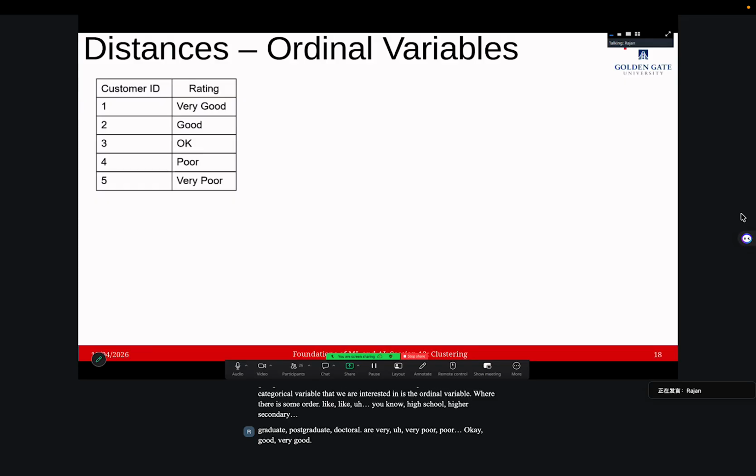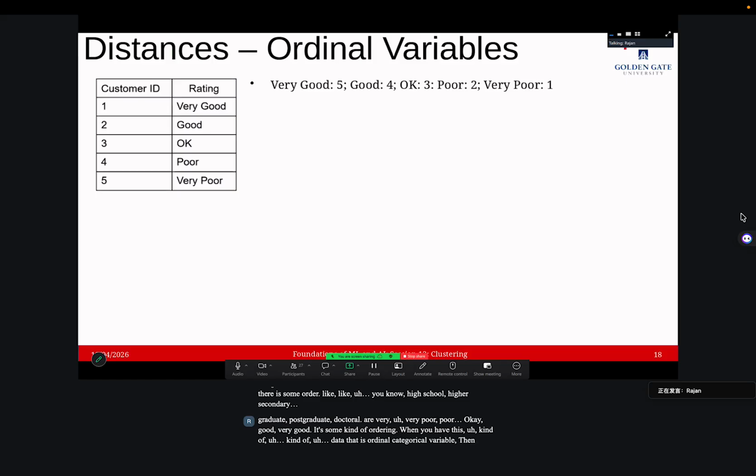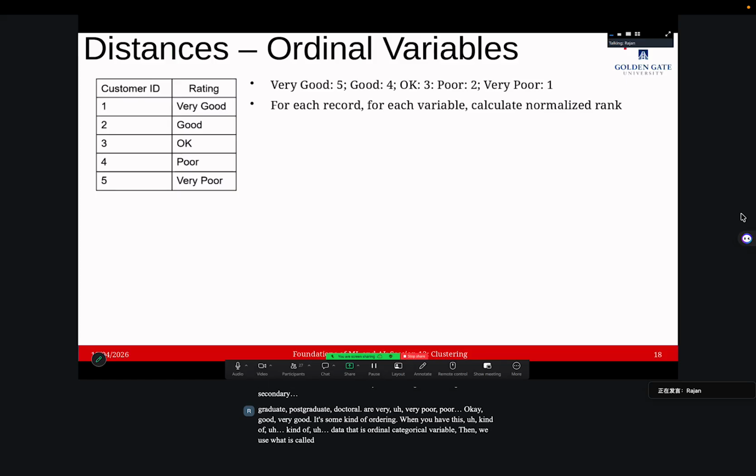Some kind of ordering. When you have this kind of data, that is an ordinal categorical variable, then we use what is called normalized rank.